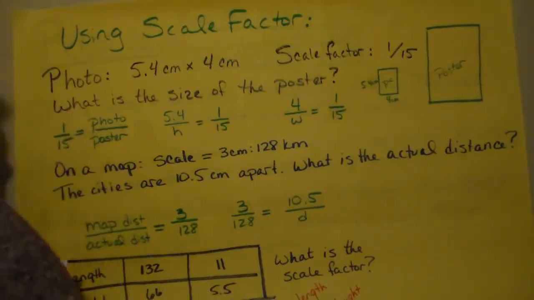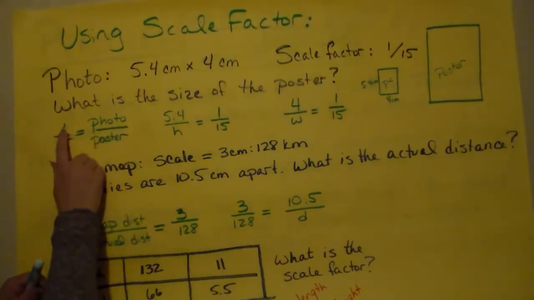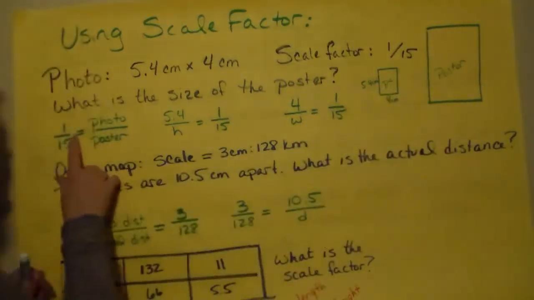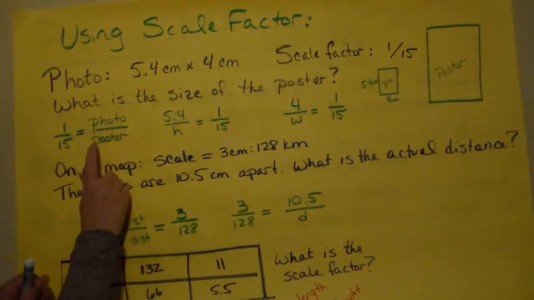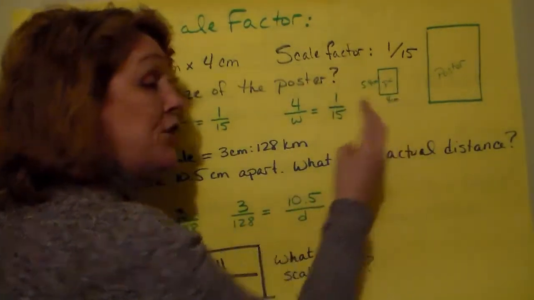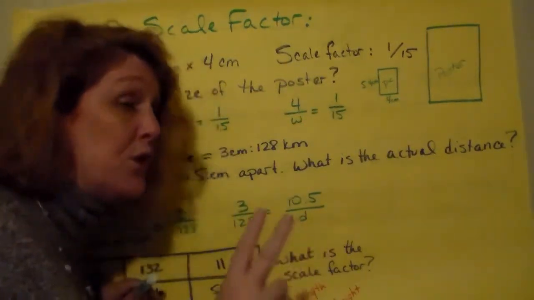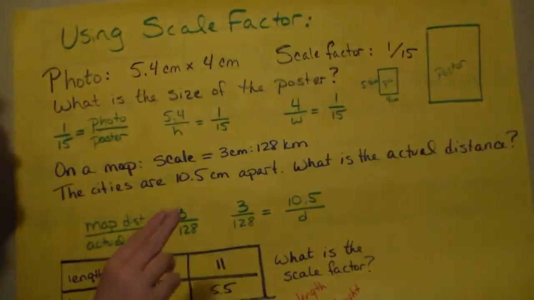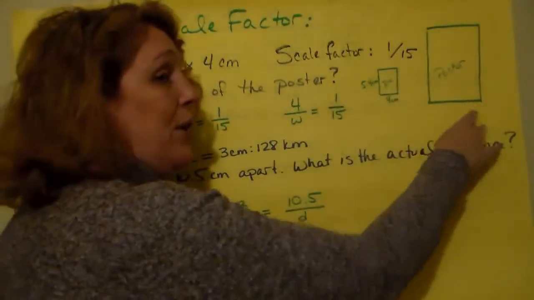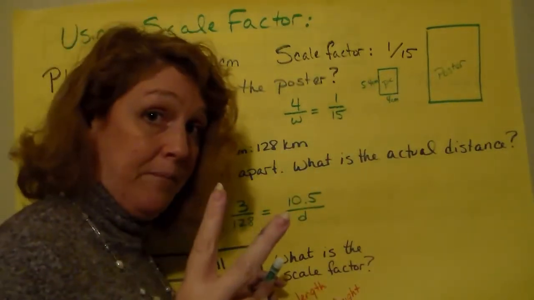So what I want to do is think about, okay, my small one is 1 and the big one is 15. So it's the photo over the poster. I have to change both things. So this is actually 2 math problems. When you have the scale factor and it asks you the size of the poster and it doesn't give you any, you have to do both of them.